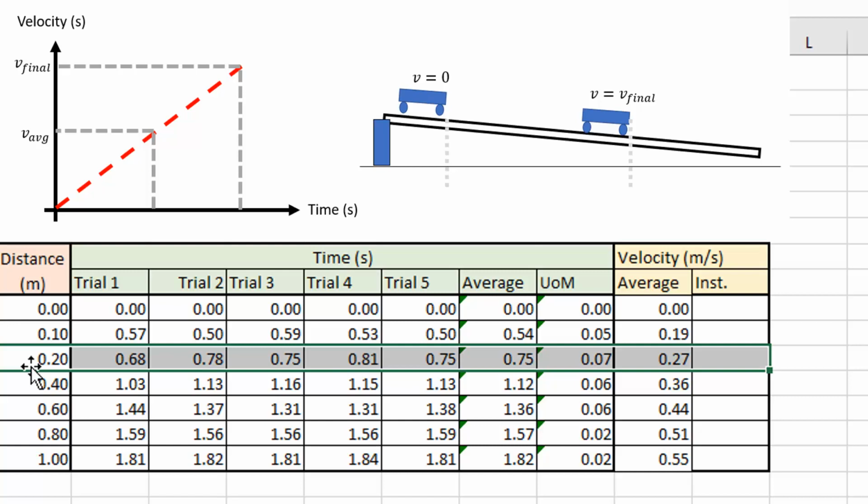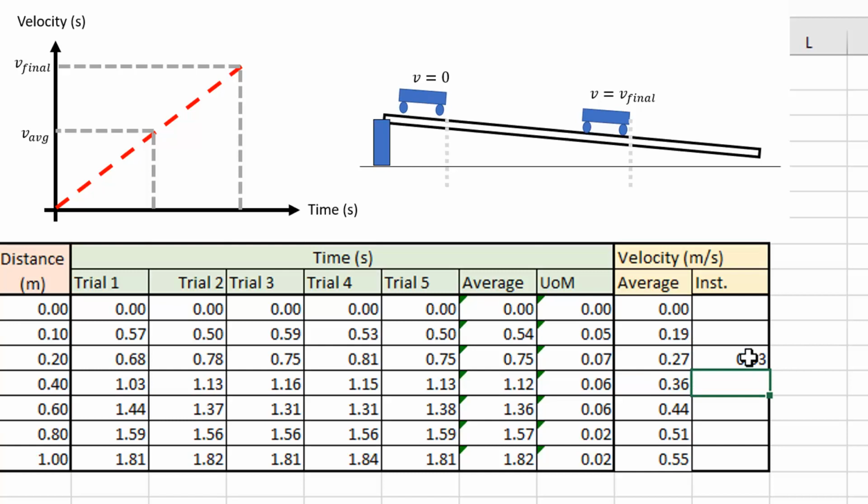Or another way of saying that, the instantaneous velocity of the cart when it was at 20 centimeters is twice the average velocity. So we know the average velocity, so we can calculate the instantaneous velocity. So it's simply going to be equals the average velocity times 2.